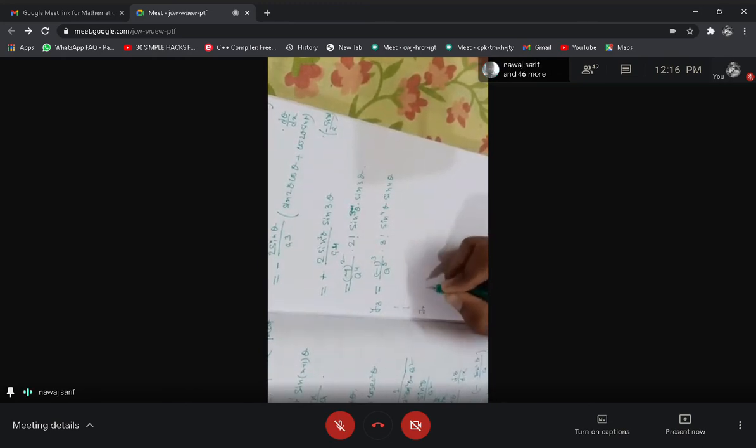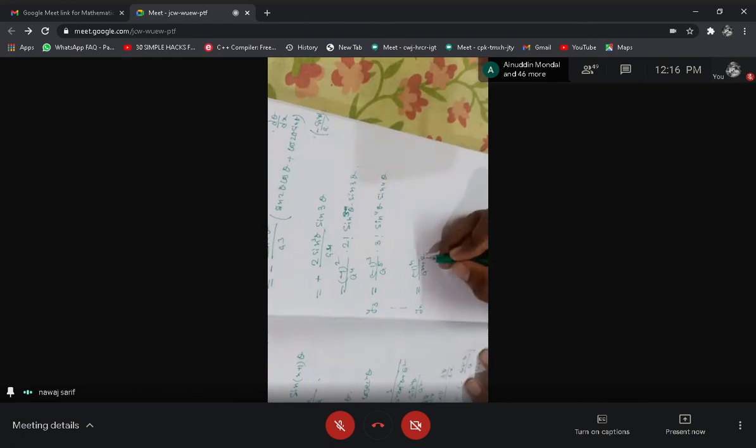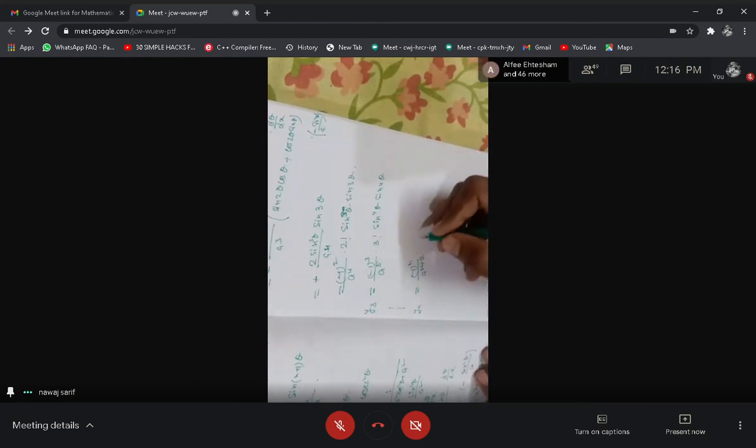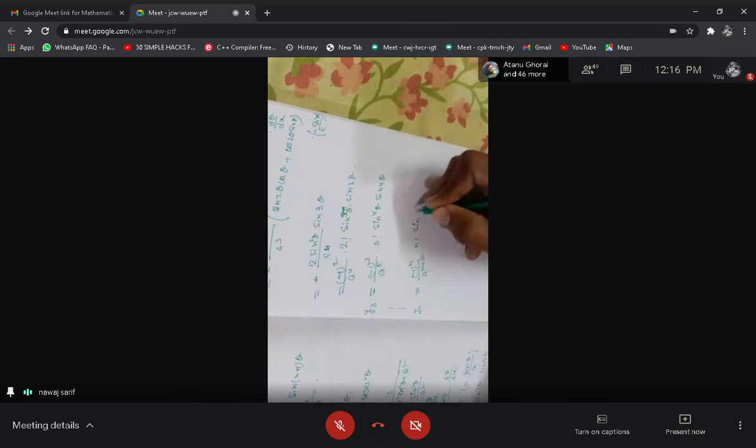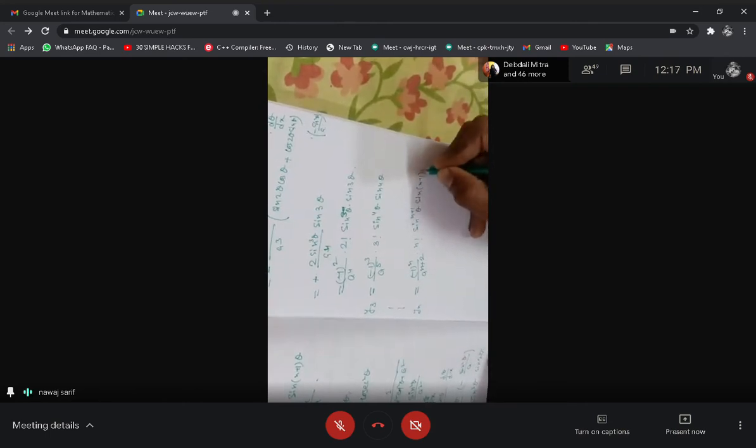Okay, similarly we can say that yn equals minus 1 power n, a to the power n plus 2, into n factorial, sin to the power n plus 1 theta and sin of n plus 1 theta.